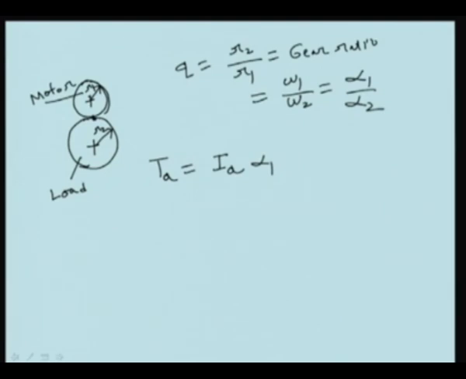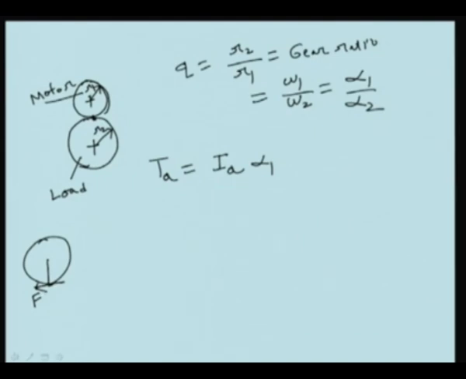If we make a free body diagram of this, you will see that it has Ia alpha, plus a resisting force F present here due to the other gear. That is how it transmits the torque, because it is rotating this gear. Suppose it rotates in a clockwise direction, then the opposing force has to come here like this.